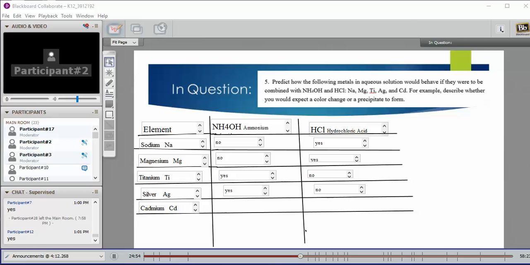I don't want to confuse anyone. Okay, majority said yes, and you are correct. Again, transitional metal. Give yourselves a pat on the back or a round of applause because you answered correctly.